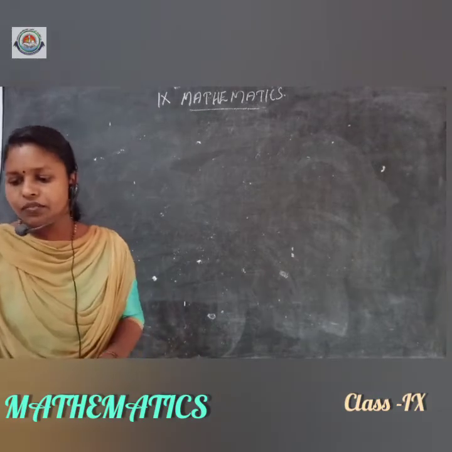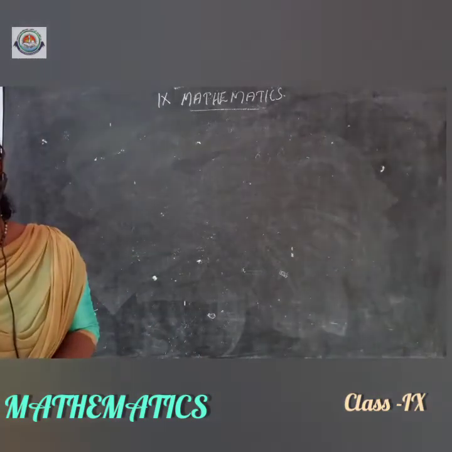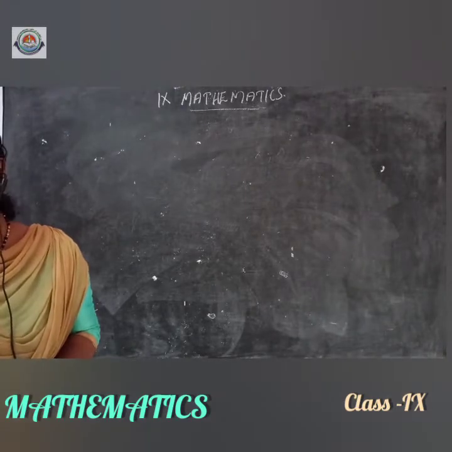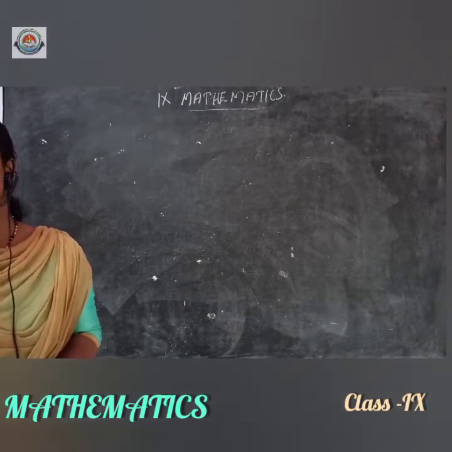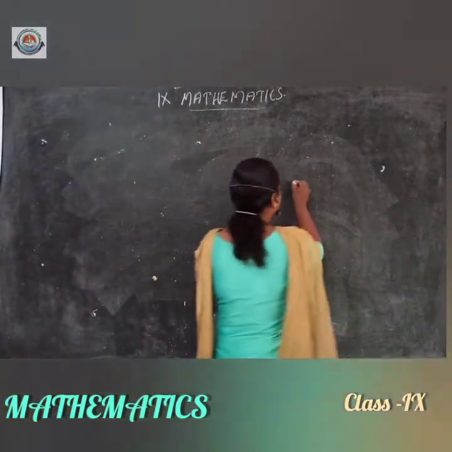If a transversal intersects two lines such that the bisectors of a pair of corresponding angles are parallel, we have two lines.